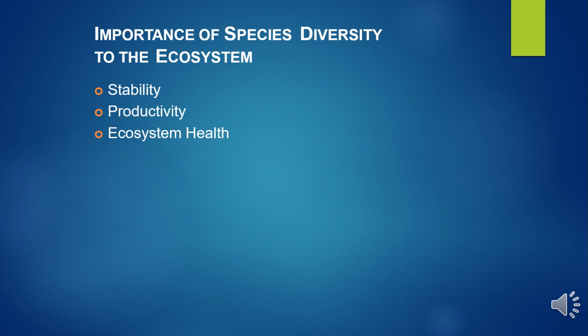The next one is ecosystem health. Biodiversity is essential for the maintenance and health of the ecosystem through the occurrence of various checks, controls, and negative and positive feedbacks. Paul Ehrlich and Anne Ehrlich proposed the Rivet Popper hypothesis for the effect of decrease in biodiversity on the ecosystem.